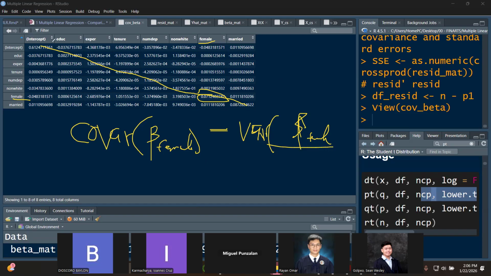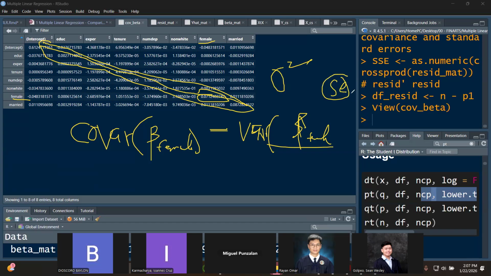Now, why is that important? This one, class, the diagonals are your variance, class. So once you have the variance, if you get the square root of this one, then you get your standard error.